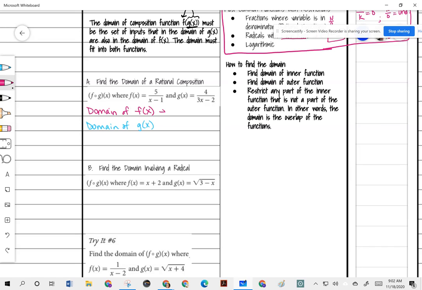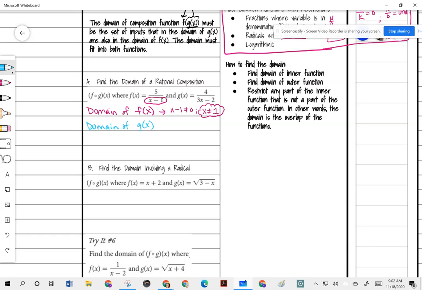So if we look at the domain of f of x, right, what is the value of x that it is not allowed to be, because we do not want to end up with a zero in the denominator. So remember, that technique is just to set your denominator to not equal to 0 and then solve for x. So we know that x cannot equal 1.